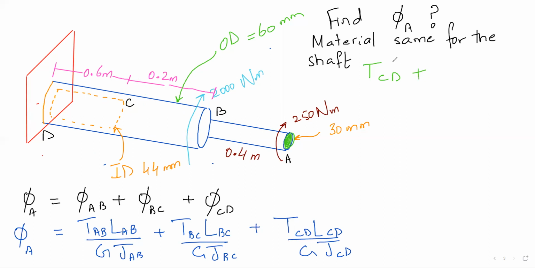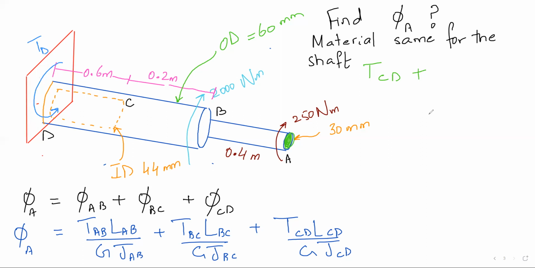So let's say my support has a reaction torque. Let's call it T_D. In fact, I think we can follow his strategy, starting from the right is easier.